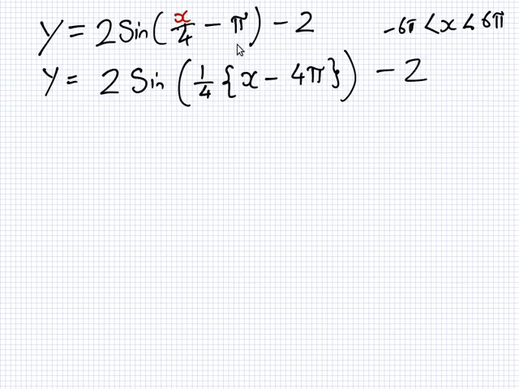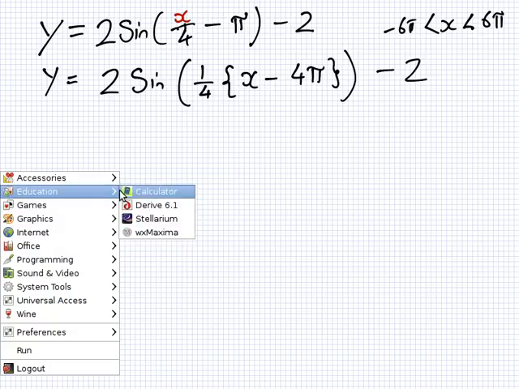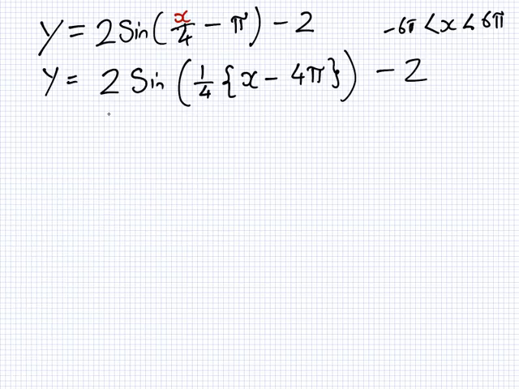So that's the first step, and we can identify the A, B, C and D more clearly now. So this is A, B, C and D.